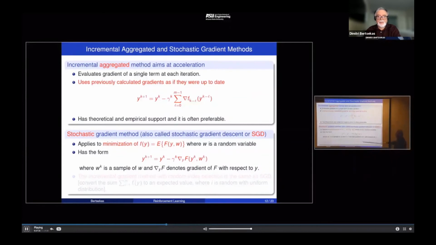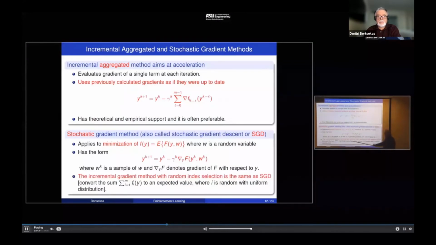So this is very similar to the incremental gradient method, and in fact, if you consider the incremental gradient method with a random index selection, okay, this is what we want to minimize, we can convert this to an expected value by viewing the index as a random variable that has a uniform distribution.